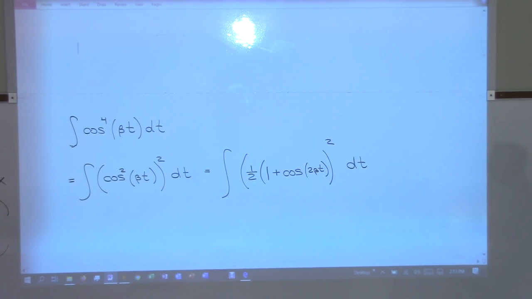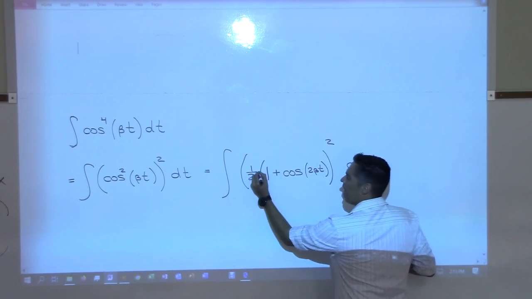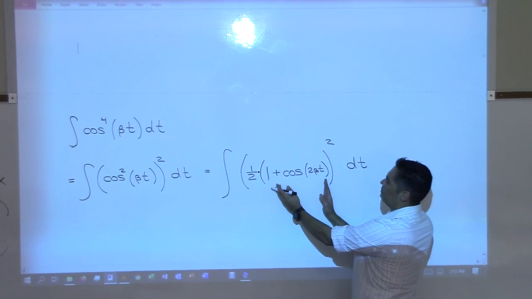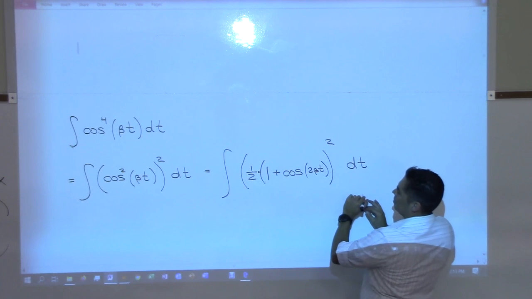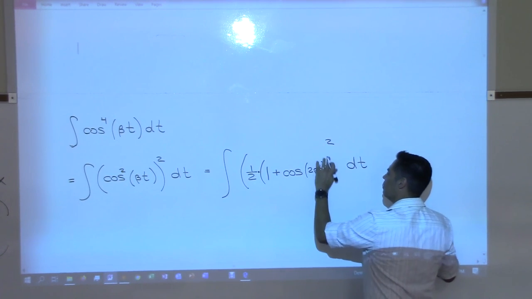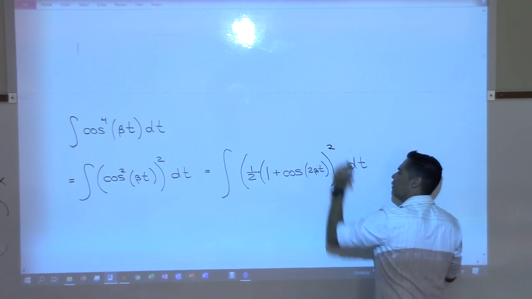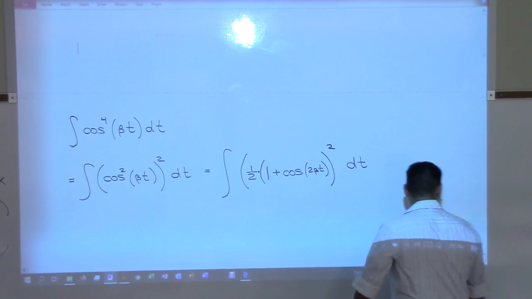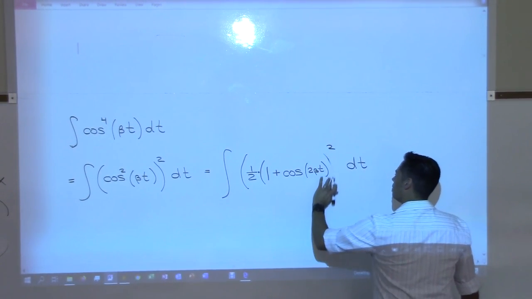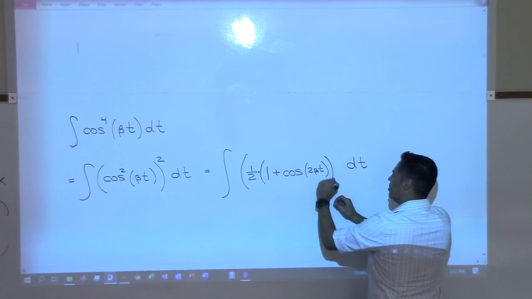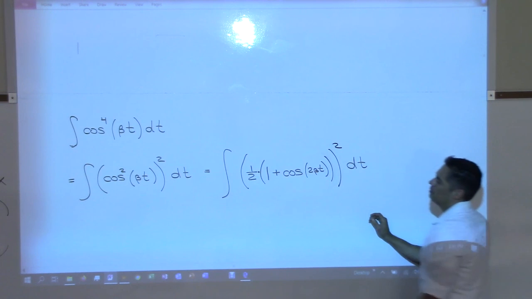All right, now what I'm going to do is just a little more algebra. Remember, this 1/2 is being multiplied here, isn't it? 1/2 times that whole thing. Wait, I'm missing a parenthesis. Okay, so this closes this, and then we have to close this, and then that whole thing's squared.